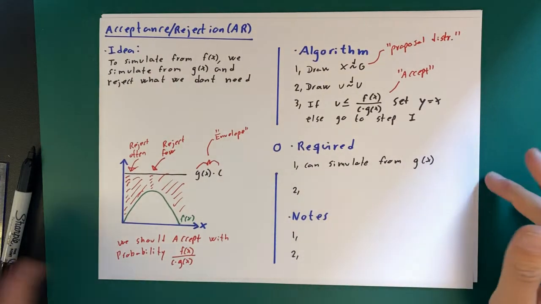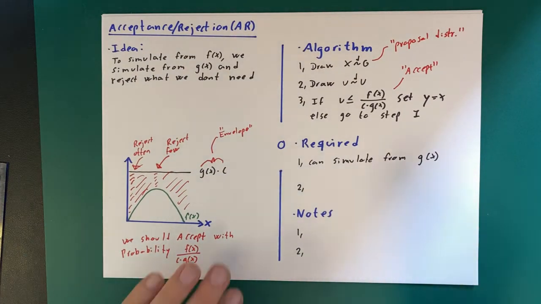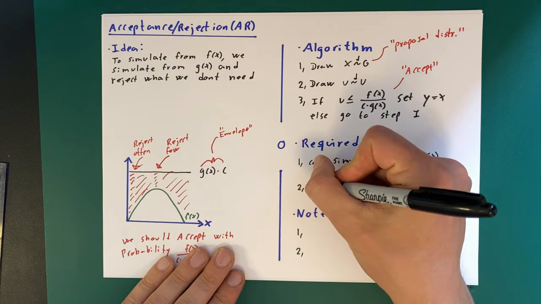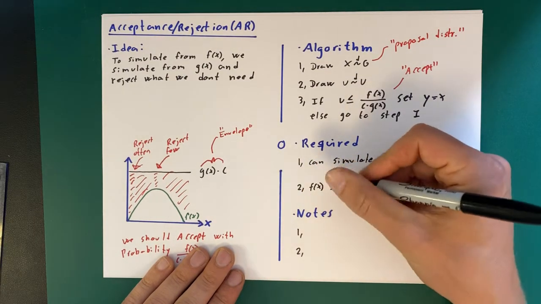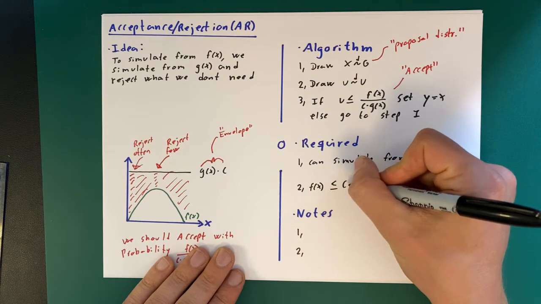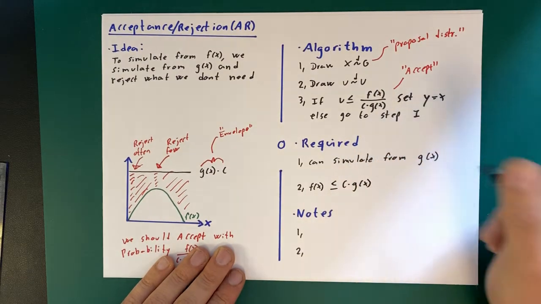So we need to be able to simulate from g of x, and it needs to be the case that f of x is always less than or equal to the envelope, that's c times g of x.